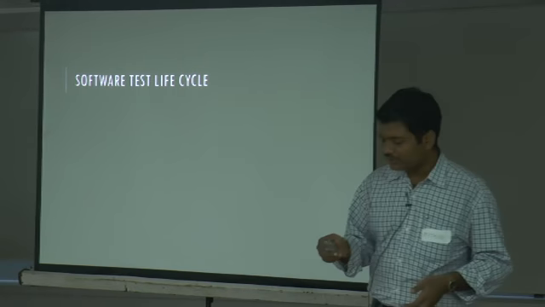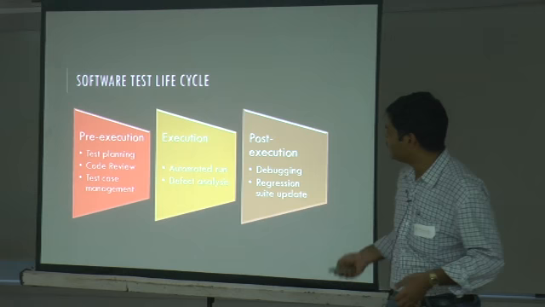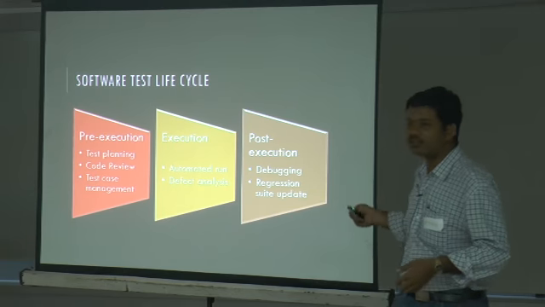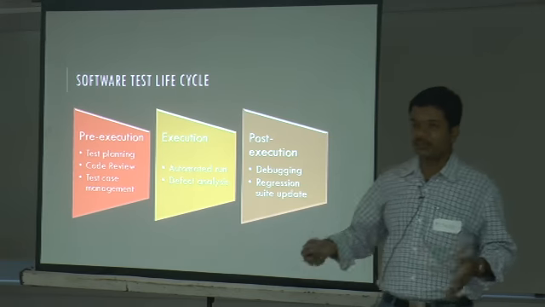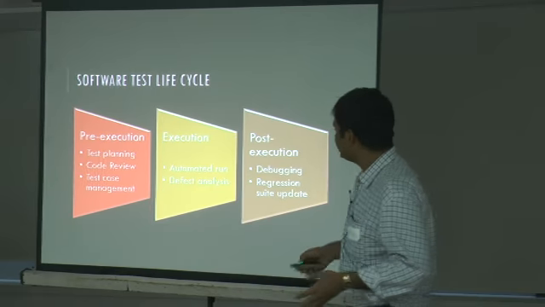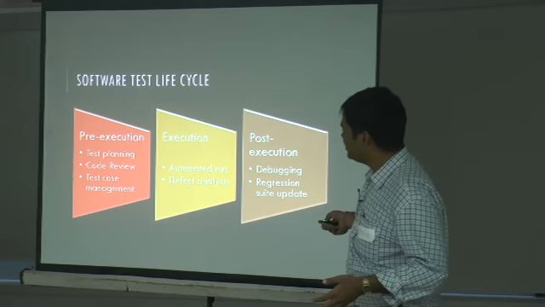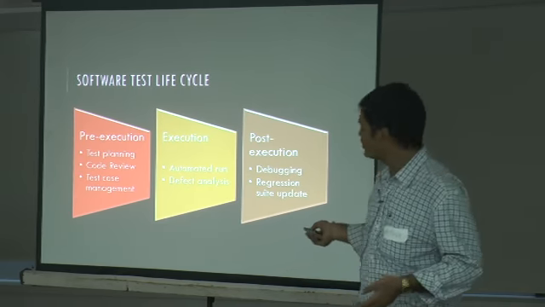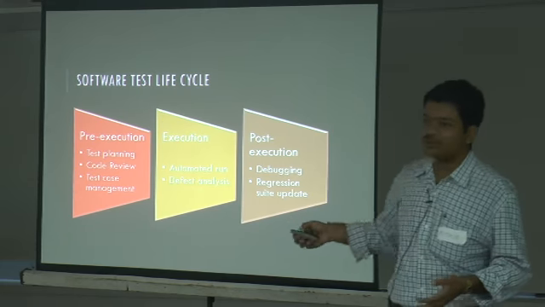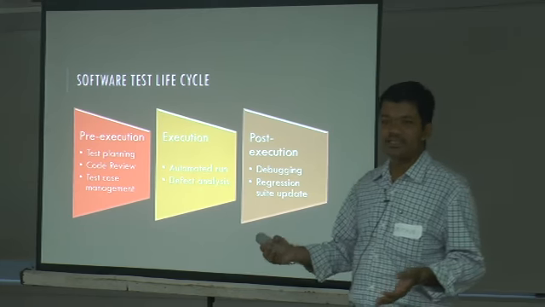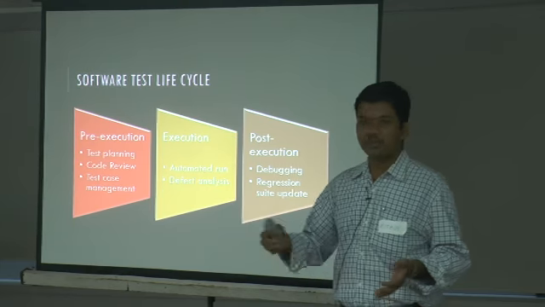When you look at the software test lifecycle, we have the pre-execution, execution, and post-execution phases, which we normally know. During pre-execution we do some test planning, some code reviews, and we would also be scripting test cases if we need to, be it manual or automated.